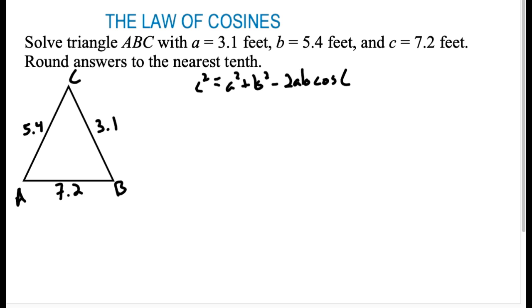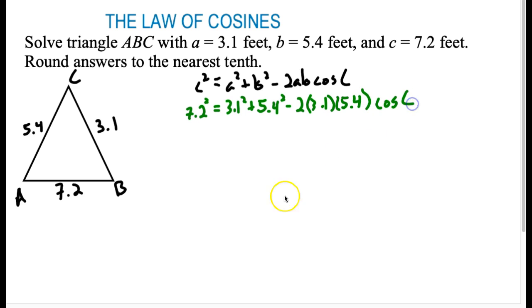And I'm going to go ahead and plug in these values. So we're going to have 7.2 squared equals 3.1 squared plus 5.4 squared minus 2 times 3.1 times 5.4 times the cosine of c.